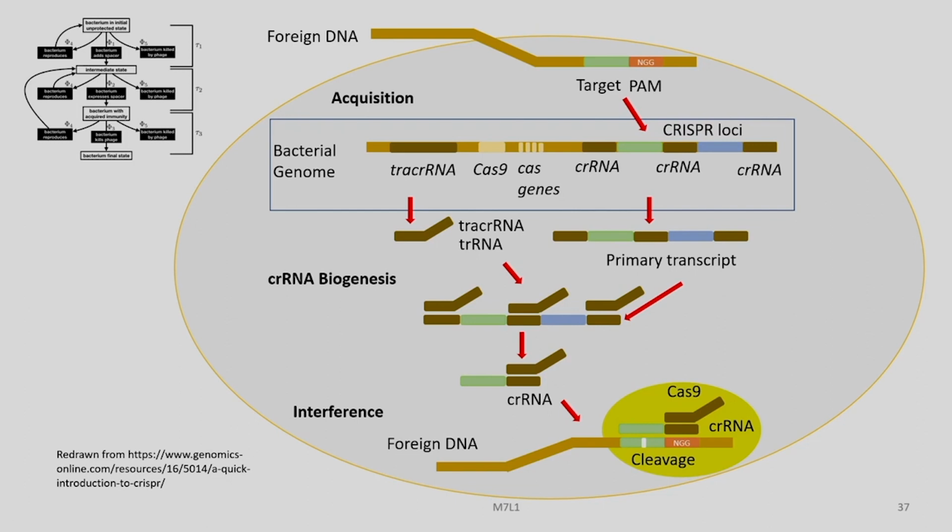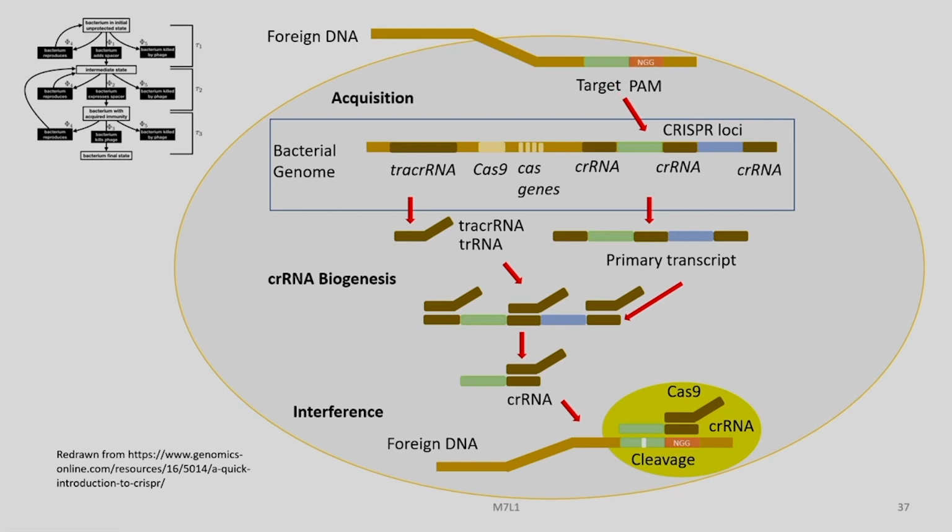Now if you look at this in a very simple schematic way, you have this foreign DNA here which has invaded the bacterial cell, and we know that PAM sequences are very important, as for example in the CRISPR-Cas9 system. This does not represent all the classes and types, we are discussing the CRISPR-Cas9 system here specifically. So, this helps in regulation, recognition as well as the adaptation.